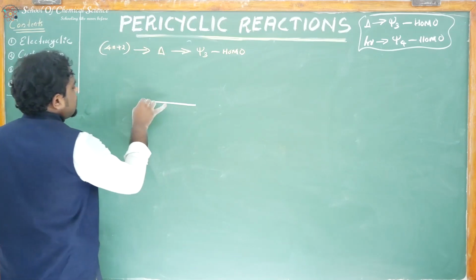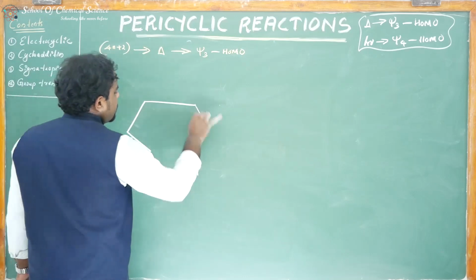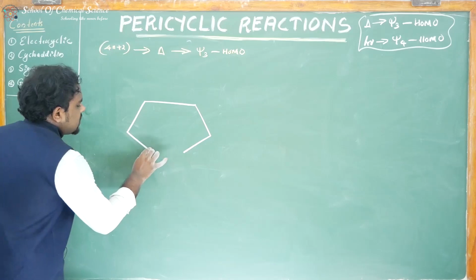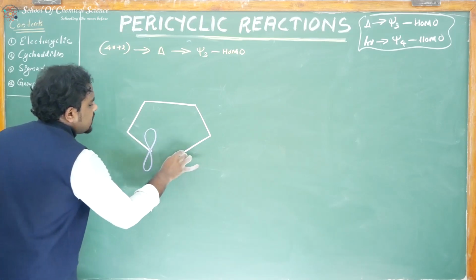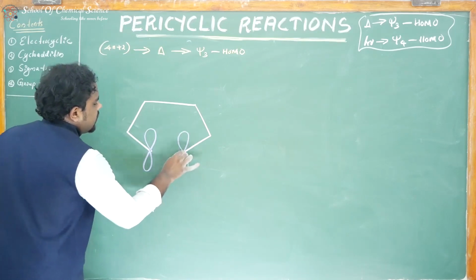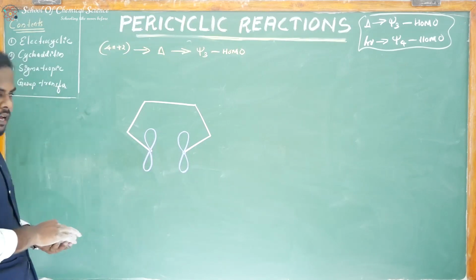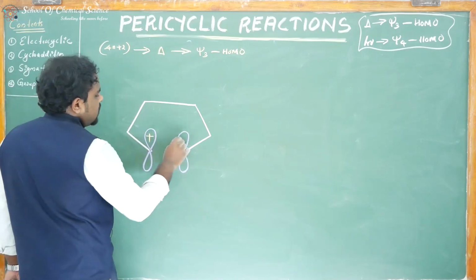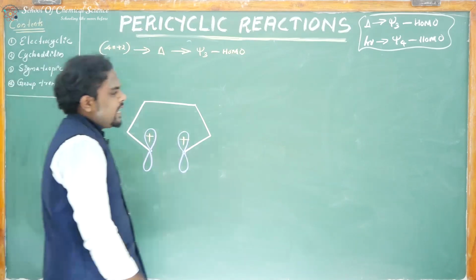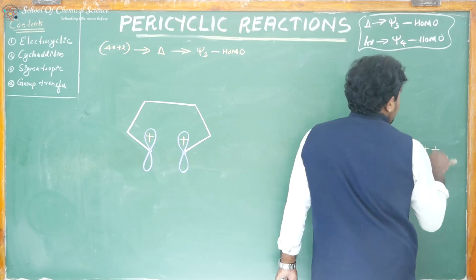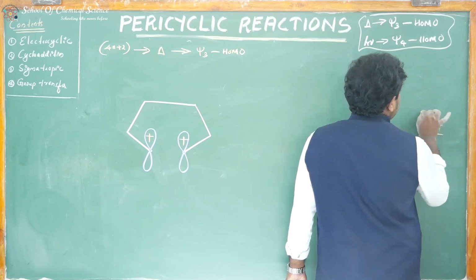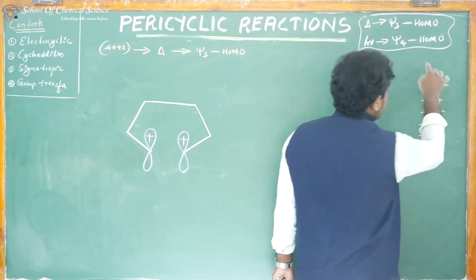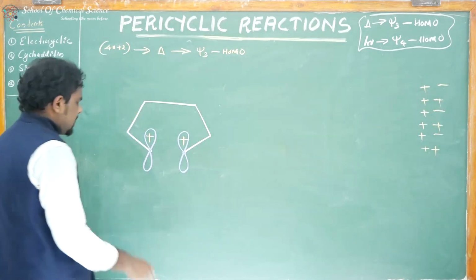So I can represent psi 3, only representing the first and sixth carbon. This is the first carbon and this is the sixth carbon. A new bond is formed between the first and sixth carbon. What is the sign? Psi 3 is plus plus. Psi 1 plus plus, psi 2 plus minus, psi 3 plus plus.